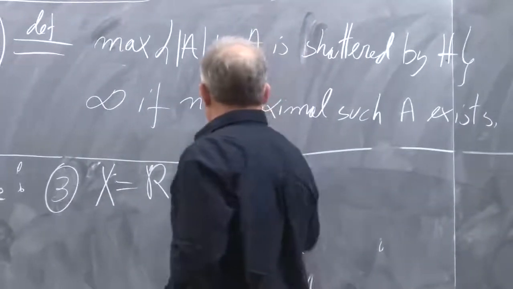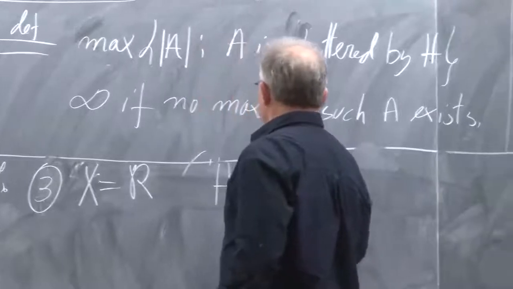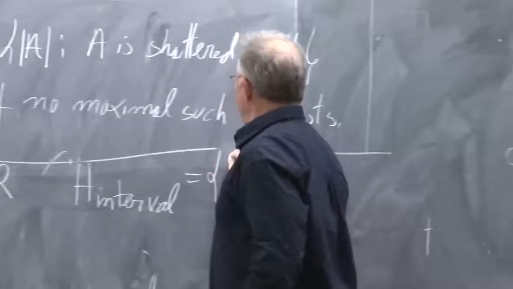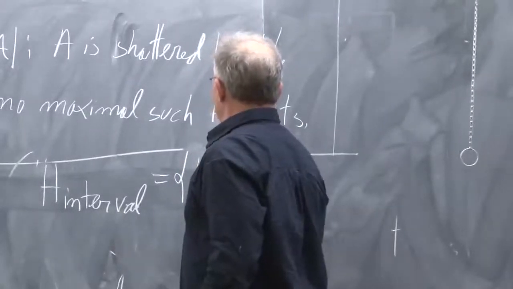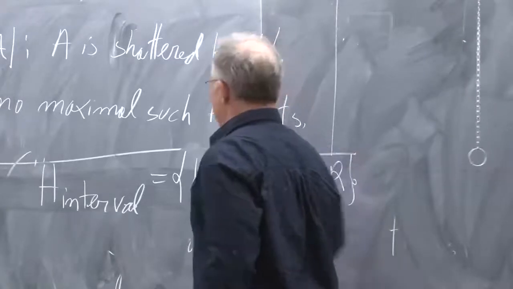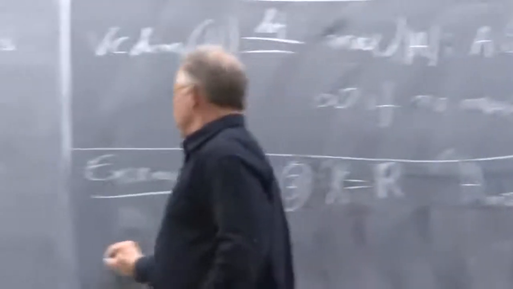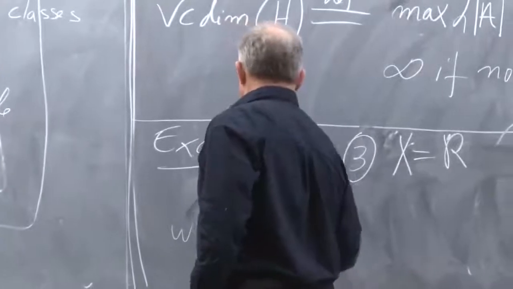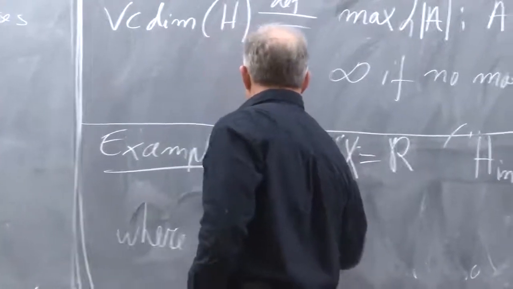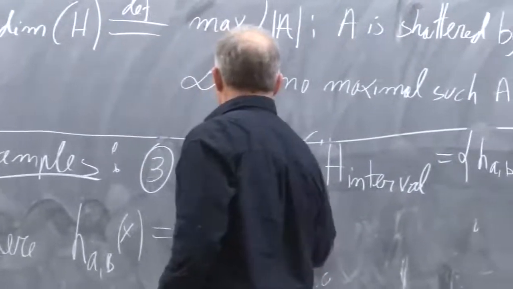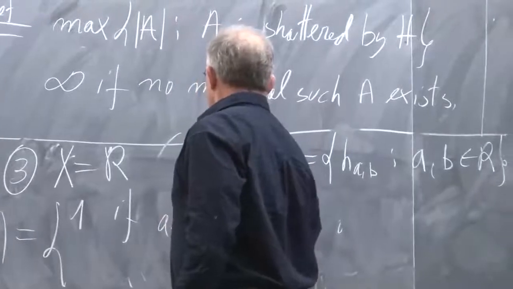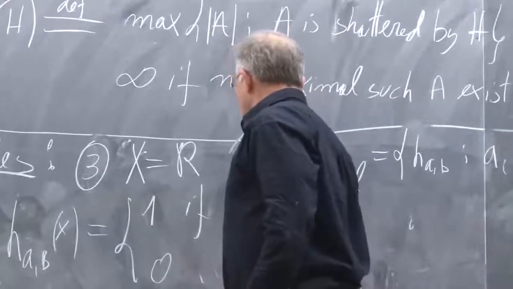And let H interval be the set of all H_{a,b}, such that a, b belong to R, where H_{a,b}(x) is 1 if x is between a and b, and 0 otherwise.